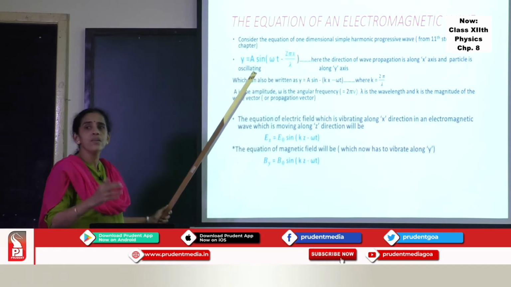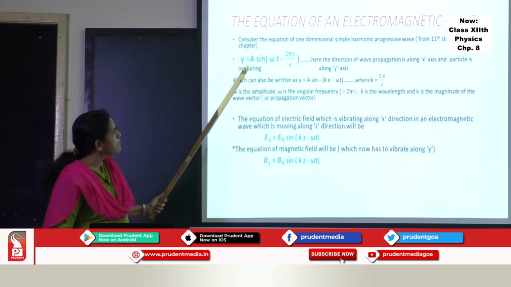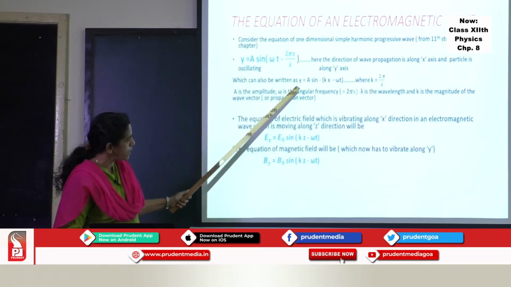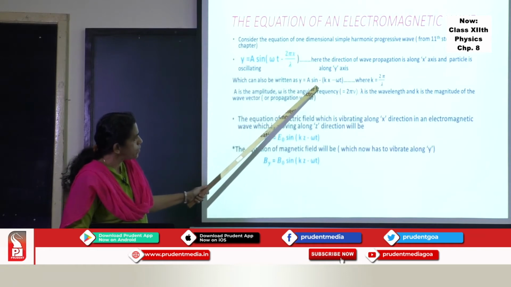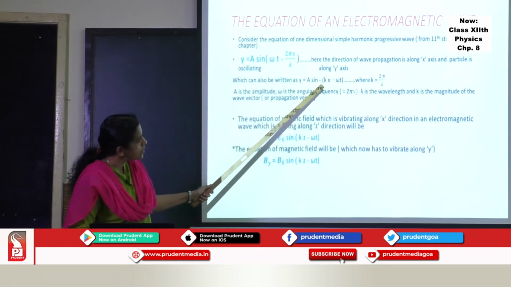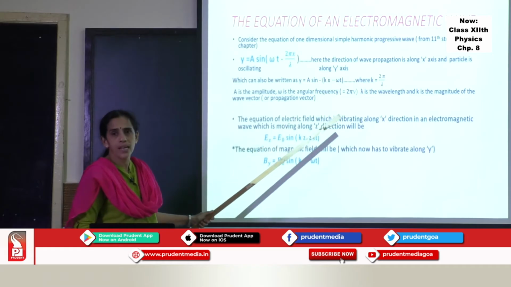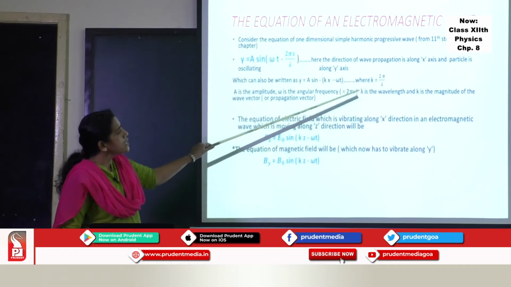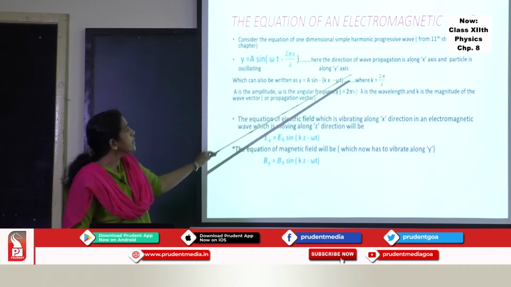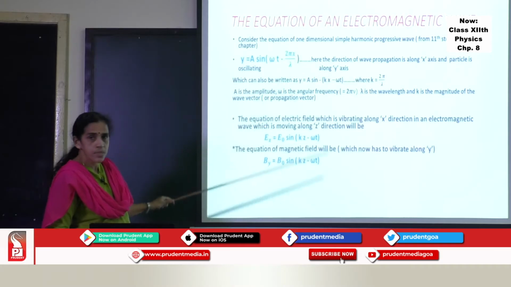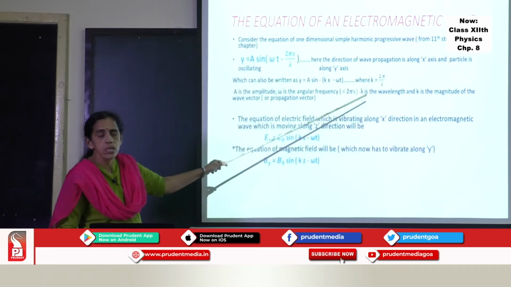And our light wave is that only. I am just changing it to this form. Look here. This minus sign I took outside and I wrote kx minus omega t. What is k? I substituted k, the coefficient of x, that is 2 pi upon lambda.